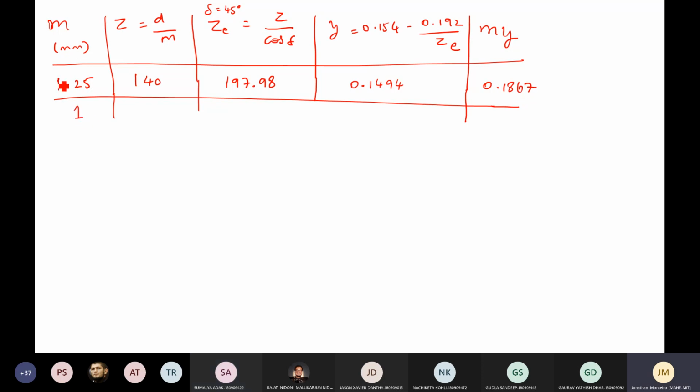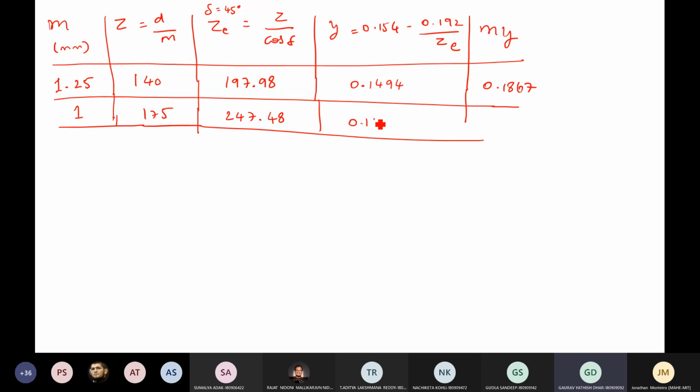So we'll go for still optimizing the value. Why go for 1.25 when 1 you can satisfy? If you take 1, it is just 175 here, and this value will change to 47.48. So the design will be safe for 1.25 also, yes, correct, but we are going for the optimized value.